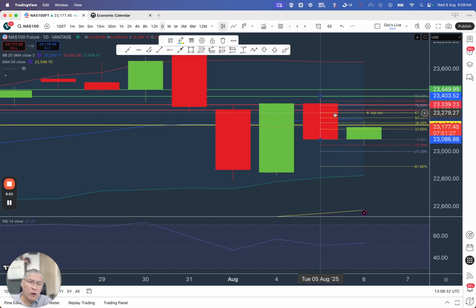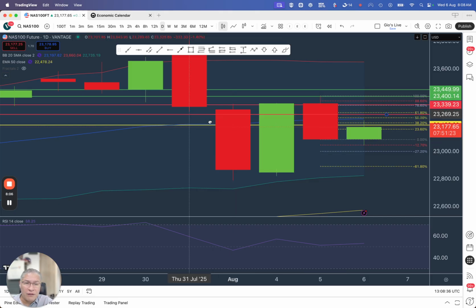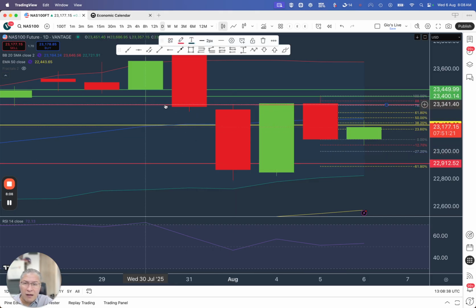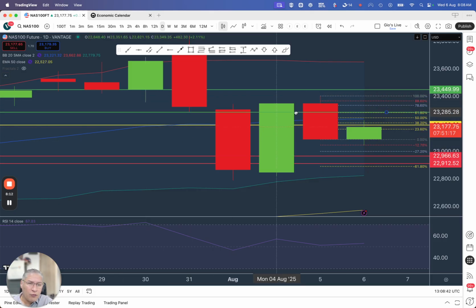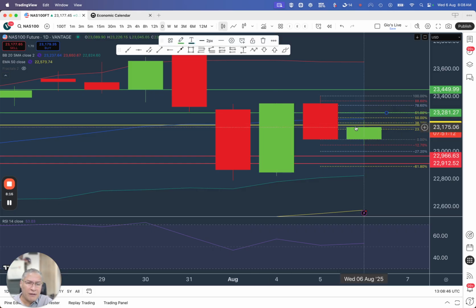So we can use that as a possible level of resistance in this case. That's one of the applications for it. So let's use 61.80% as a possible level of resistance.